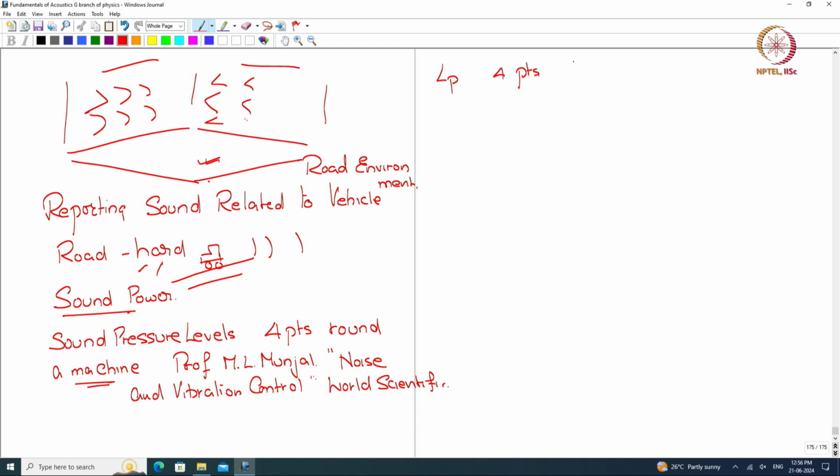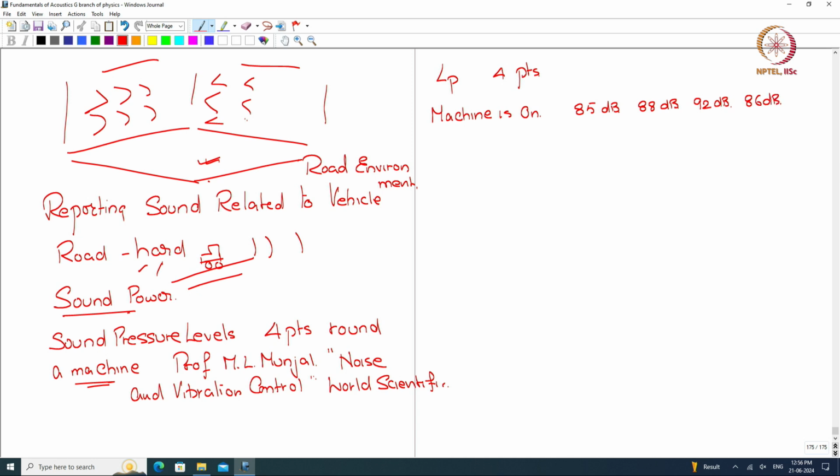When the machine is on, the 4 values are 85 decibels, 88 decibels, 92 decibels and 86 decibels.